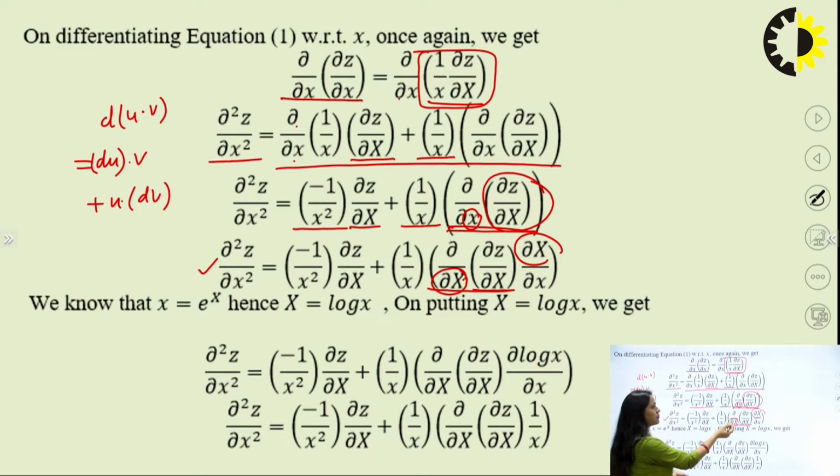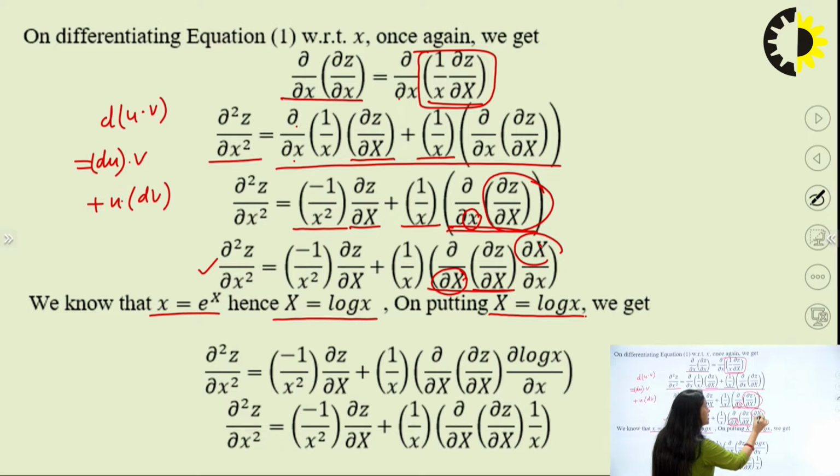So this is del upon del of capital X into del z upon del of capital X into del of capital X upon del x. We now know that small x is equal to e to the power capital X. Hence capital X is equal to log x. Now again, on putting capital X is equal to log x here, what do we get?